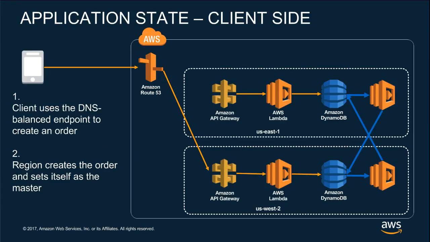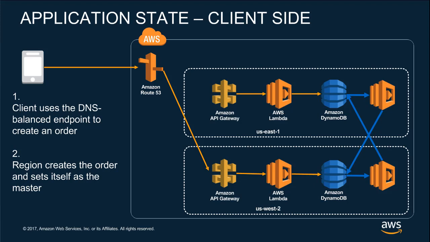So let's take a quick look at how this works. The way we envision it is that the client will first send a request to create the order to our endpoint, api.foodforthought.com. Route 53 will direct the client to the closest region, or regardless, the best region for the end user.